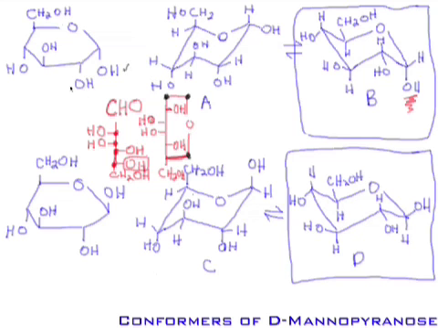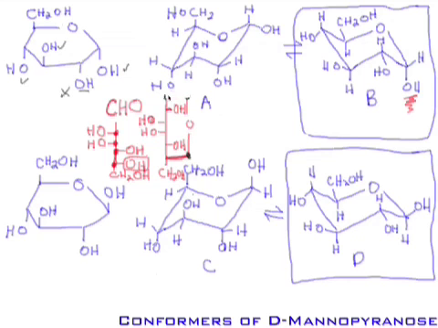This OH is wrong. It should have been above. It's that guy. That OH is left, so it's above, so that one's correct. This OH is right, this is below. And in a D sugar, the CH2OH is up. So I see the only change I have to make in my Haworth, based on this Fischer, is to switch this OH right here.